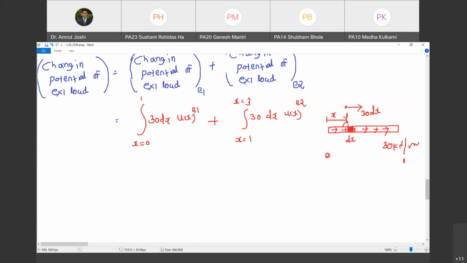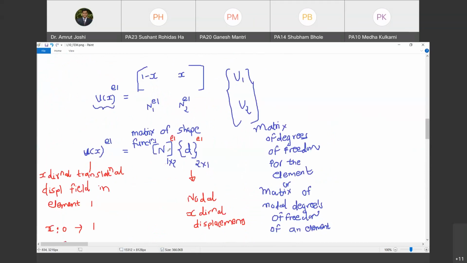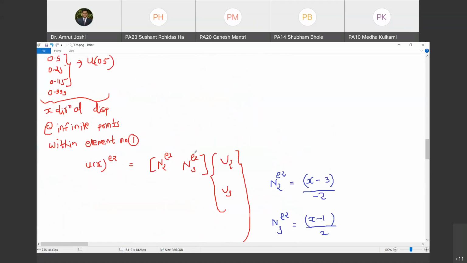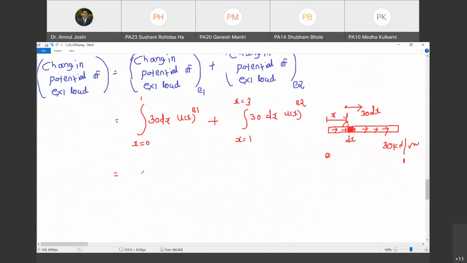So now, how do I write this u of x in element number 1? That we have already written down using N. u of x in element number 1 is N e1 into d. Do you agree with me? So can I write it as integration x equal to 0 to 1, 30 into N d.